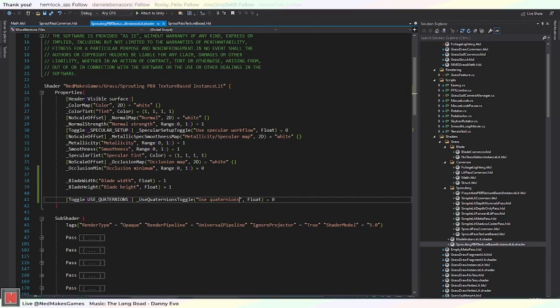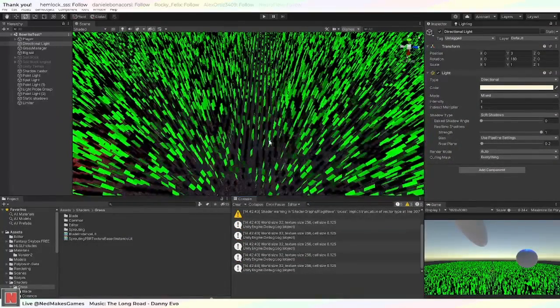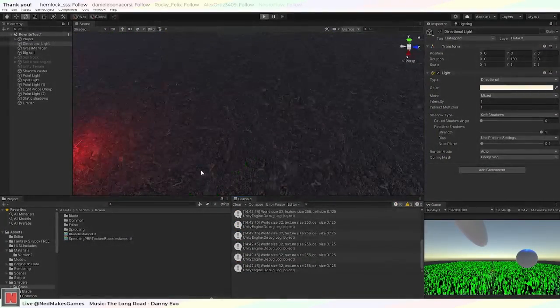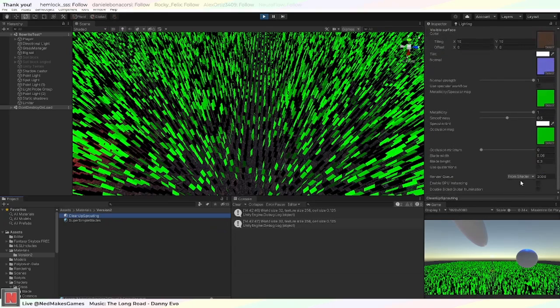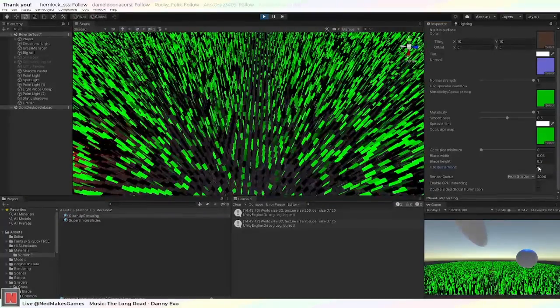Okay, so now hopefully when I click this button, we won't really... Okay, they do change.